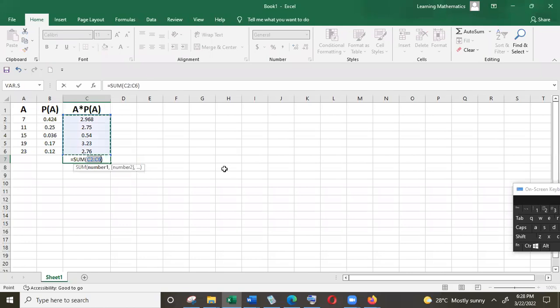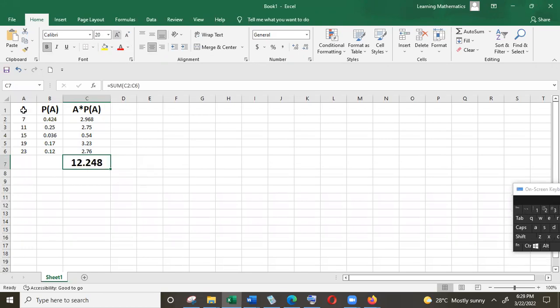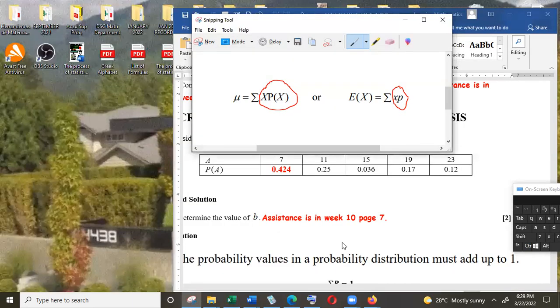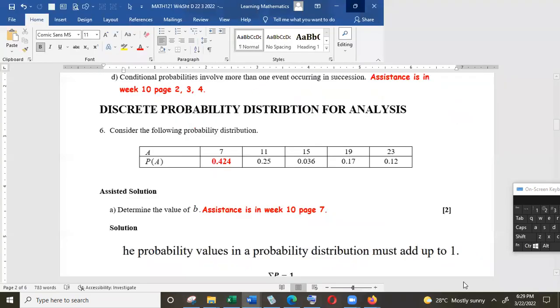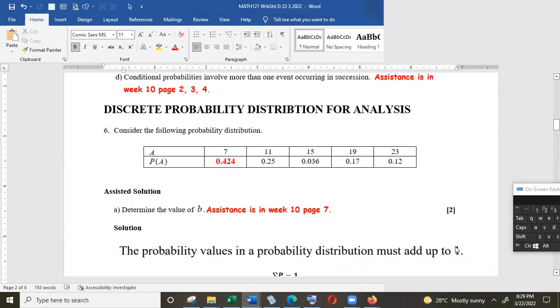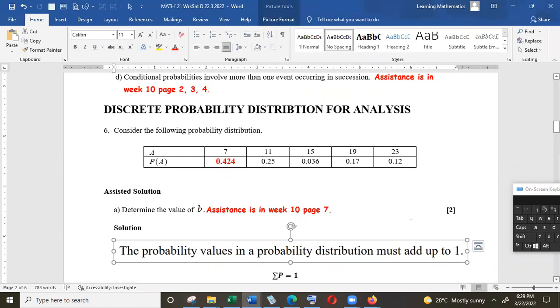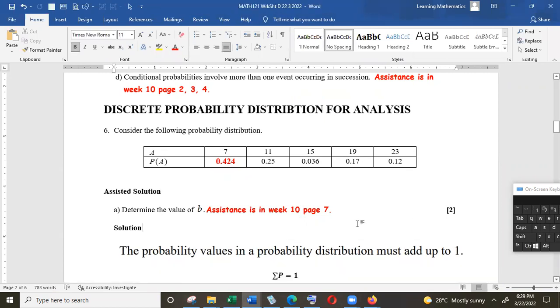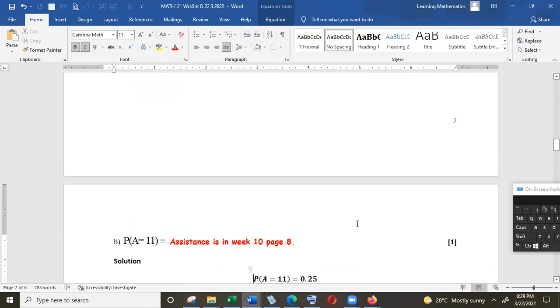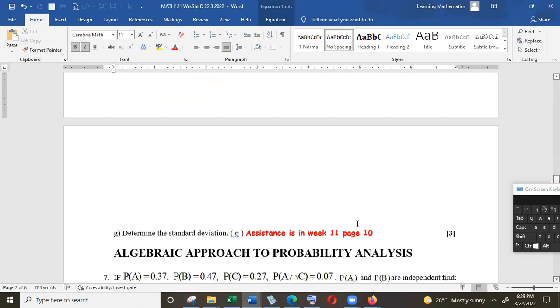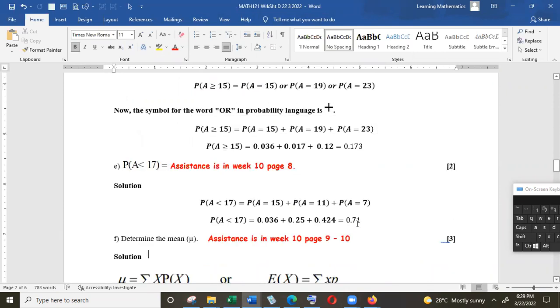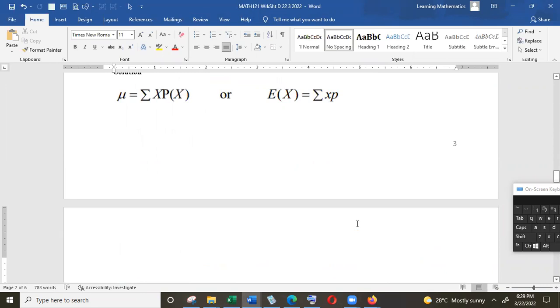Once you find the total thereof, that will give us the value of mu. Copy, Control C, minimize. Control V.